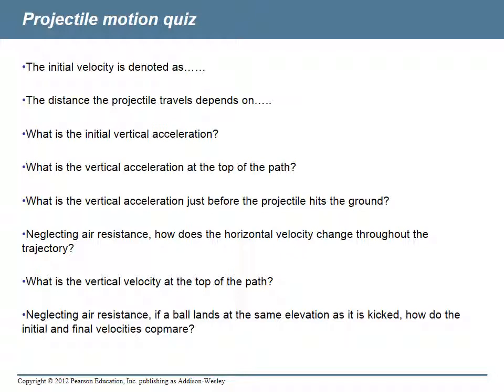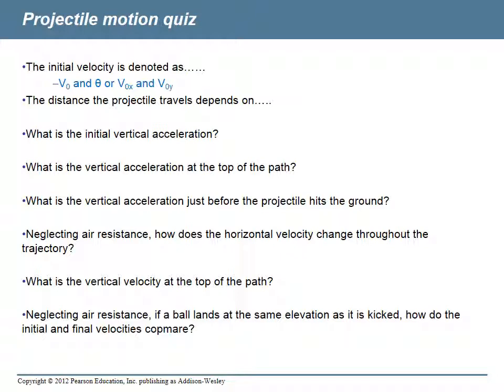So we can either just say it's some initial velocity v naught and some angle theta, or we could give it in components. So I can give you a v naught x and a v naught y. Either one of these works, v naught and theta, or v naught x and v naught y, as both would explain the x and y components.